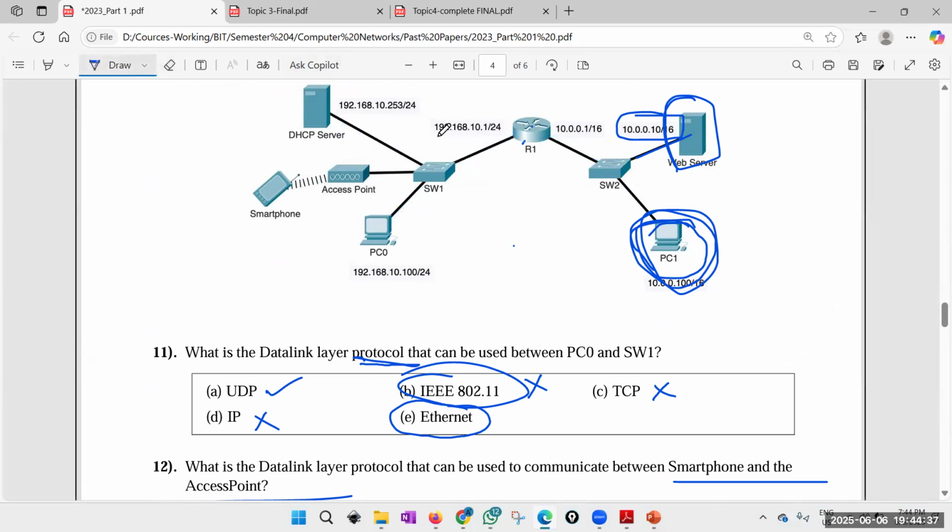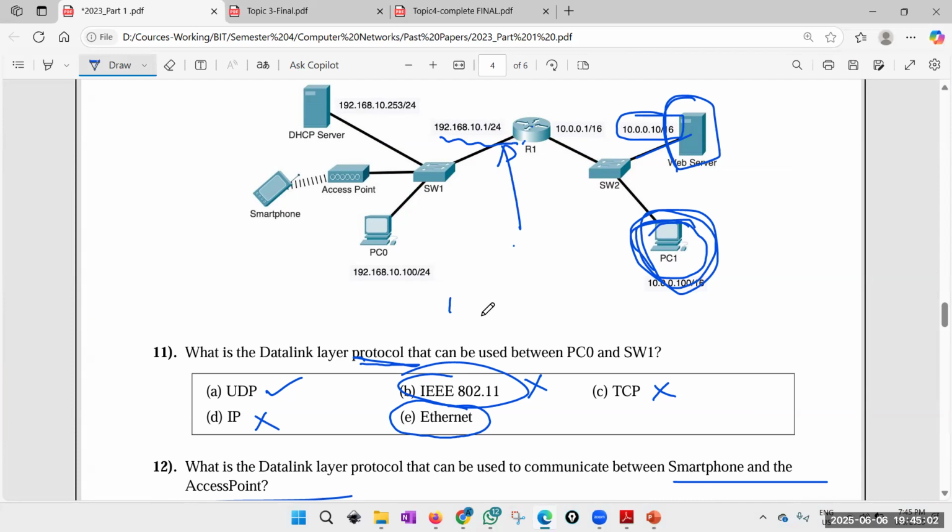This one, right? /24. You can see others also have been assigned 192.168.10.100, this is 10.1, this is 10.253. All are /24 because all are in the same subnet. So the broadcast address is the biggest address.